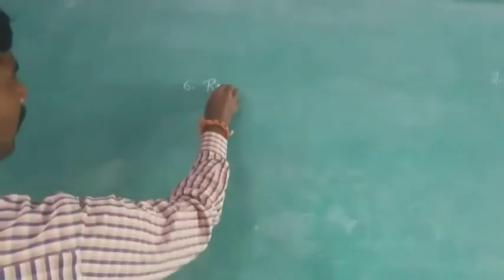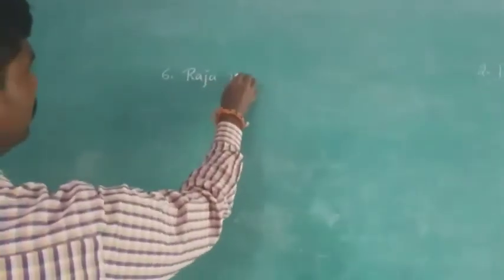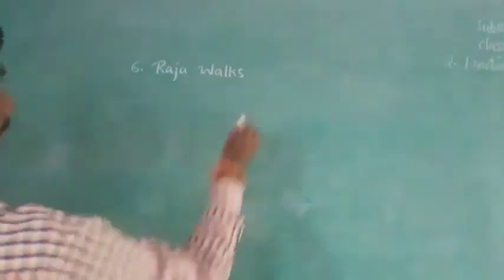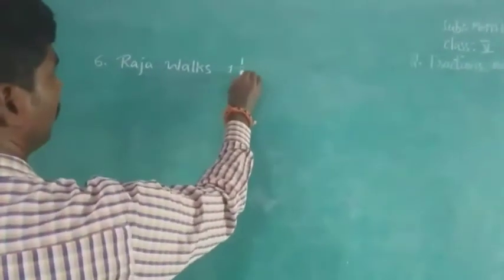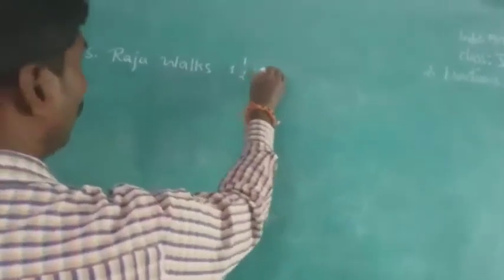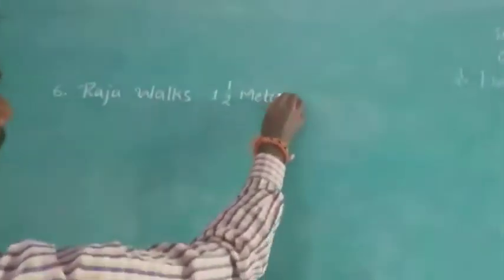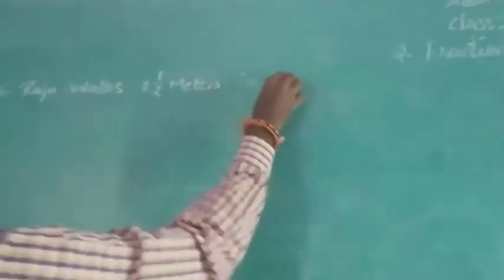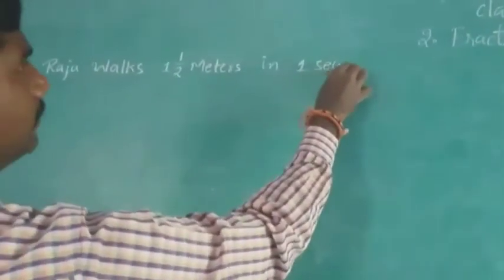Sixth problem. What is the sixth problem? Raja walks 1 1/2 meters in 1 second.